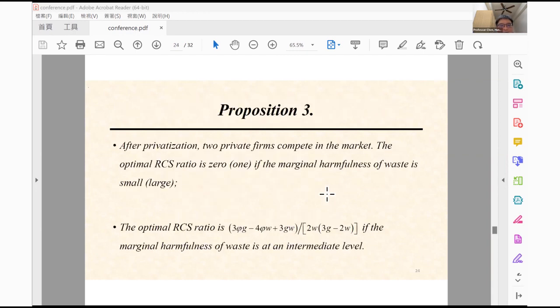Then we have proposition 3. After privatization, two private firms compete in the market. The optimal RCS ratio is 0 or 1 if the marginal harmfulness of waste is small or large. But if it is at an intermediate level, then we can have an interior optimal RCS.